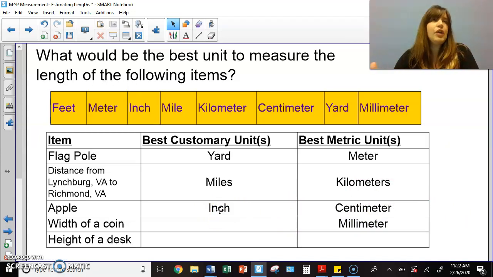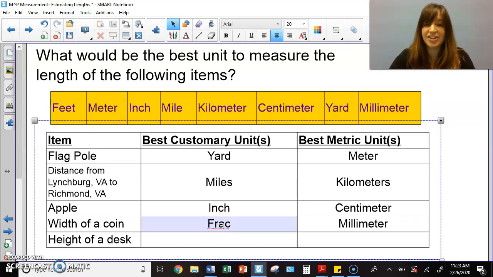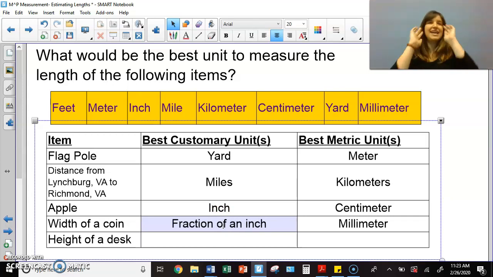So you would have to use a fraction of that inch, a decimal of that inch, a really small amount. So I'm going to write fraction of an inch because for the width of a coin, it's not even going to be anywhere close to an inch. So we'd have to use a smaller than one whole amount.